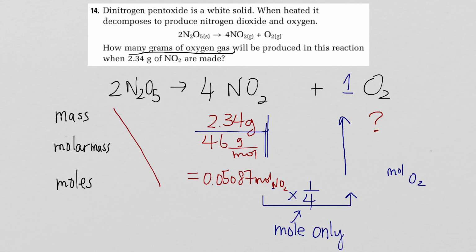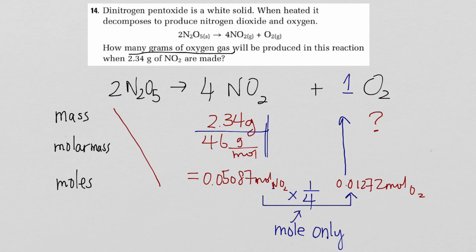So that translates to times a quarter gives you 0.01272 moles of oxygen. I'm not saying that these two quantities are equal, so I'm not saying that 0.05087 moles of NO2 is equal to 0.01272 moles of O2. I'm just saying that if you make this many moles of NO2, you will at the same time make 0.01272 moles of oxygen.